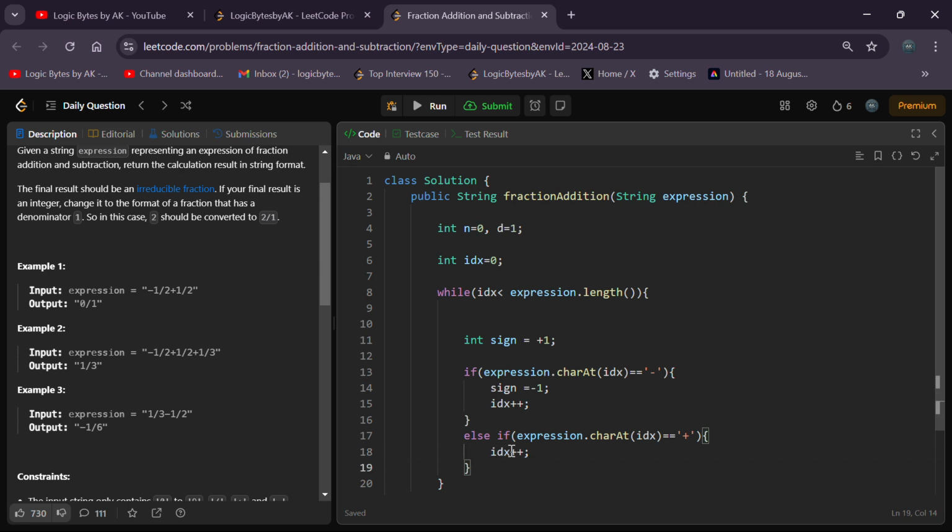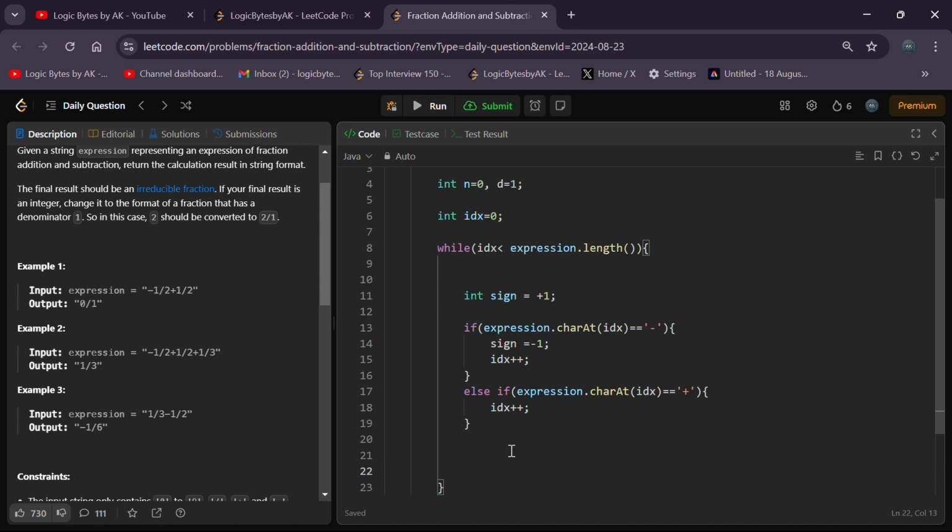And then we have to find the next numerator. Instead of finding the next numerator directly, we find the starting index of that numerator.